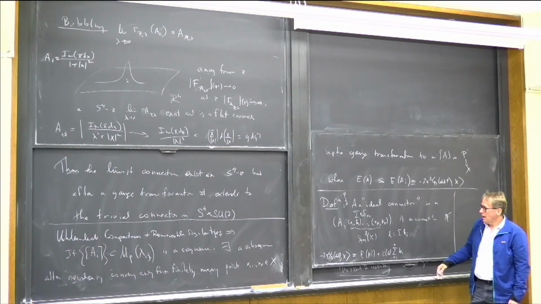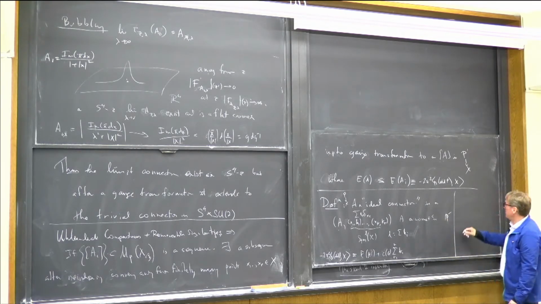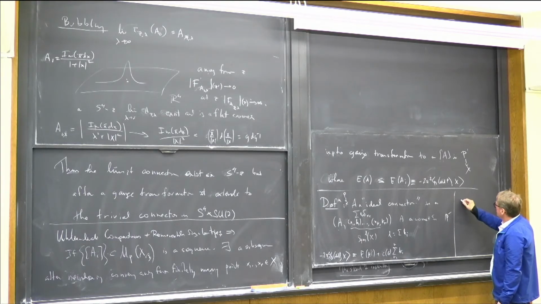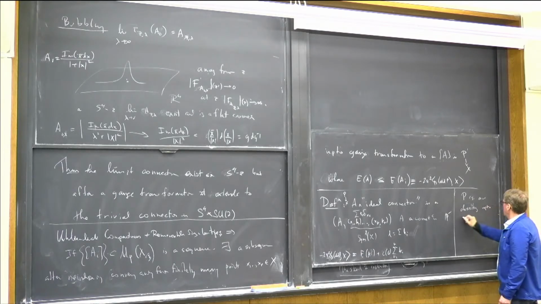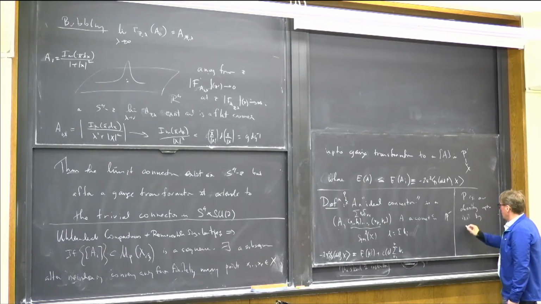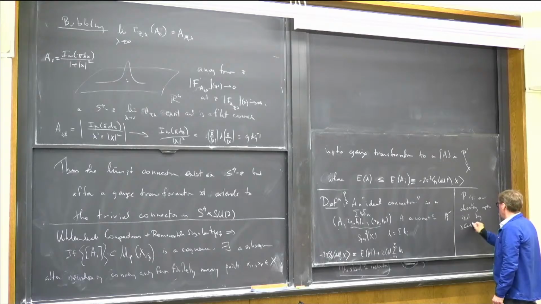But there's another constraint, namely that P's are classified up to isomorphism by, first, p1 of ad P. That's part of it.